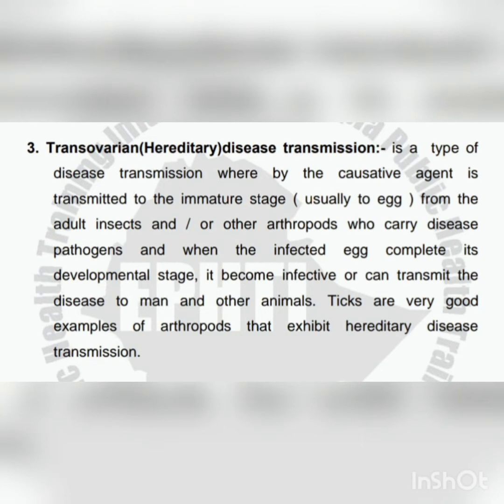That egg will form the adult insect, and when this adult insect bites or lays eggs, they all become vectors, carriers of that organism. An example here is the tick. It is a very good example for hereditary disease transmission. The immature stage, the egg, gets infected and gives birth to offspring, and they start transmitting the disease. That is called hereditary disease transmission.